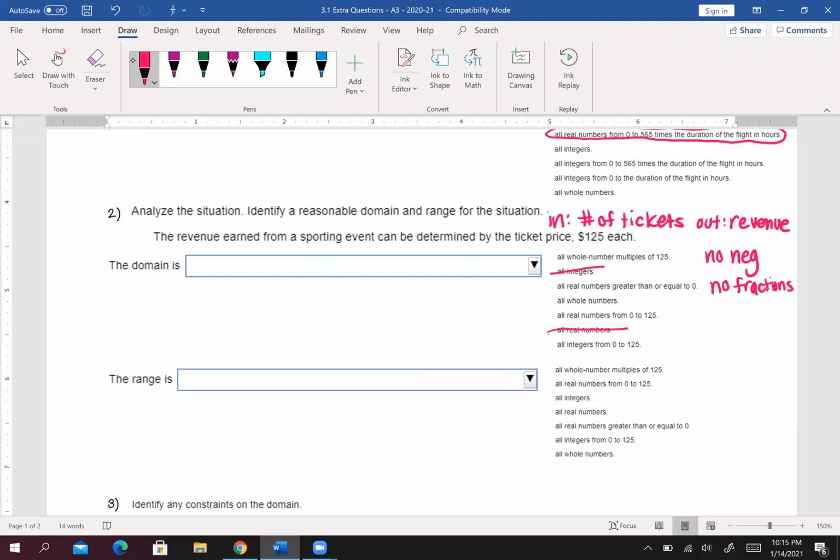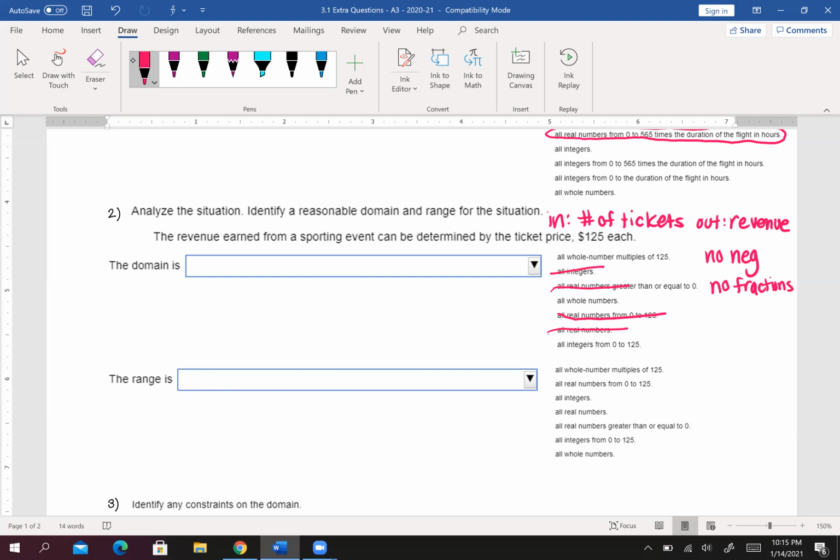Real numbers is everything pretty much. Rational, irrational, includes fractions, so it can't be all real numbers. Whole numbers, still okay. That'd be 0, 1, 2, and so forth. Next one's all real numbers. No, because that'd be fractions. And the last one is all integers, so that one seems okay.